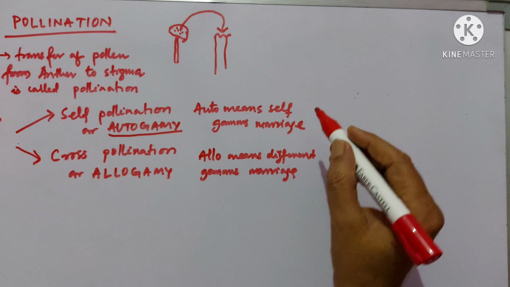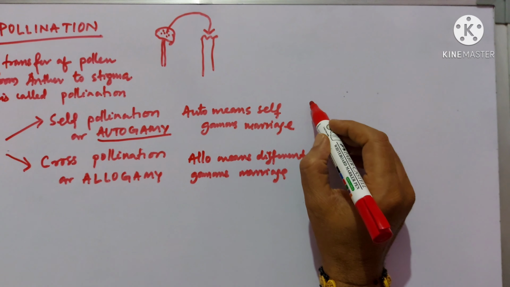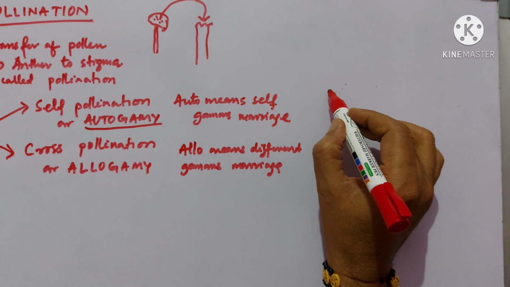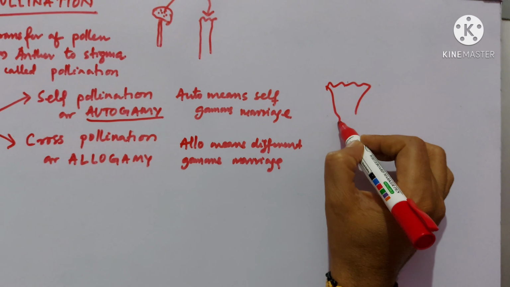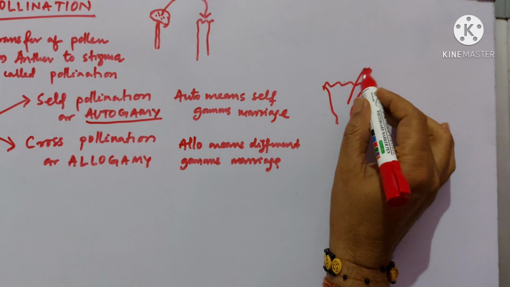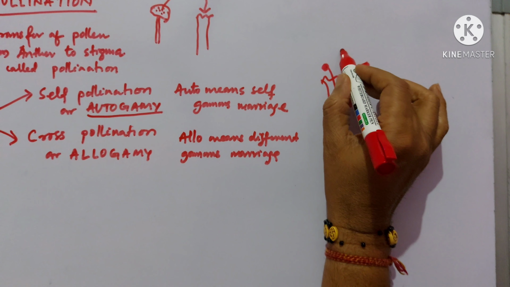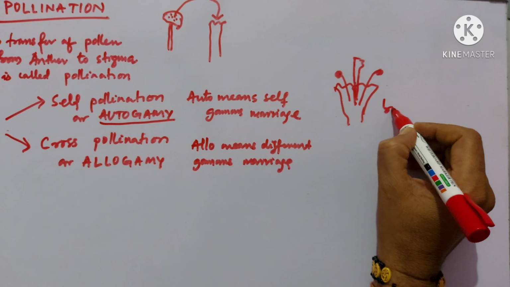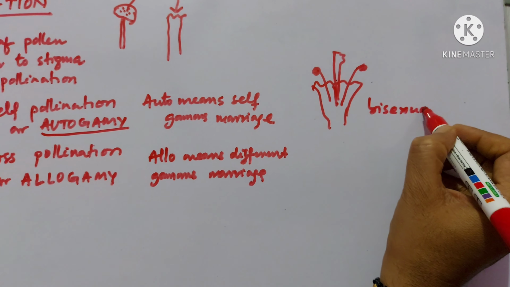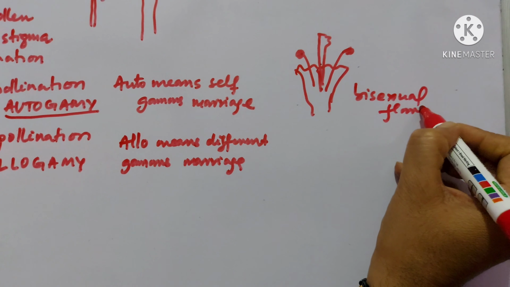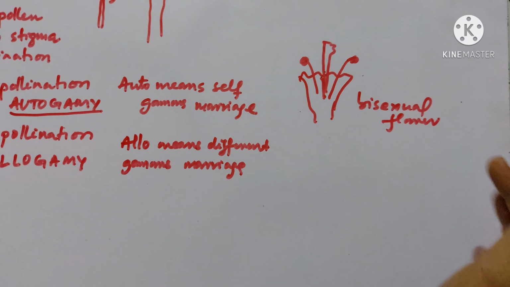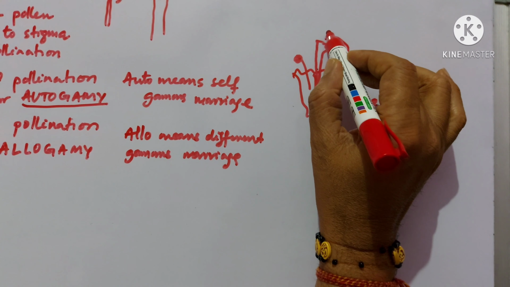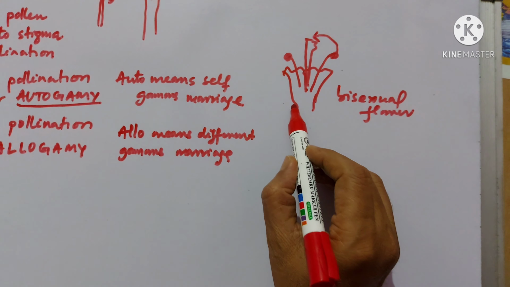In autogamy, in one flower the stamens are there as well as the stigma, what we call a bisexual flower. Autogamy occurs when the pollen from this anther falls on the stigma of the same flower.